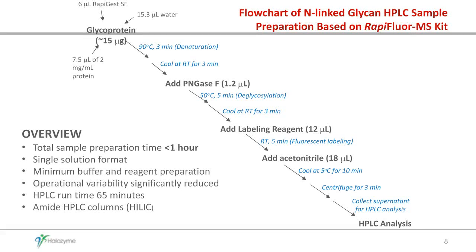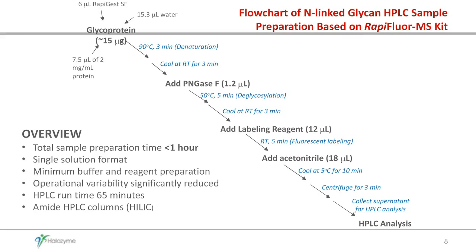Here we use our glycoprotein, about 15 micrograms, denatured at 90 degrees for 3 minutes and cooled down. Then the denatured protein is treated with N-Glycanase, the enzyme for deglycosylation, at 50 degrees for 5 minutes.